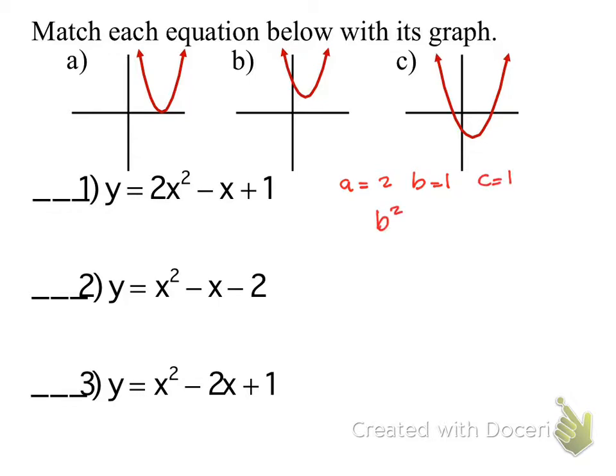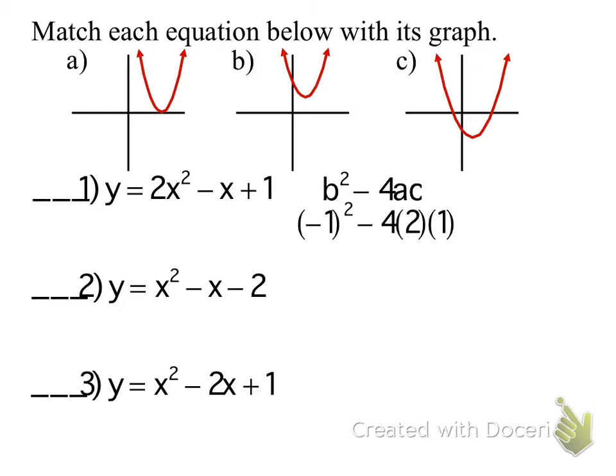So I'm doing B squared minus 4AC. It's 1 squared minus 4 times 2 times 1. 1 minus 8 equals negative 7. No real roots. Which one goes best? B, because it has no x-intercept. You guys with me?